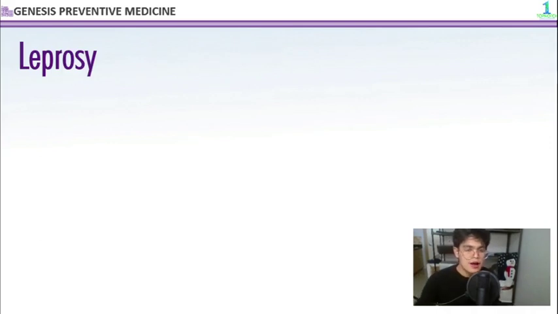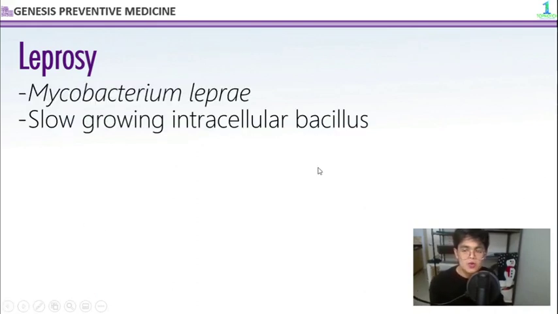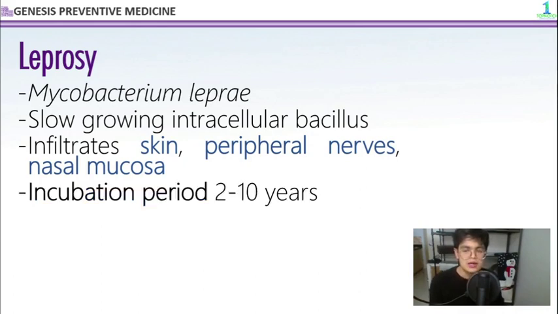So next we have leprosy. Leprosy caused by Mycobacterium leprae. So there, leprosy, slow-growing intracellular bacillus, infiltrates skin, peripheral nerves, and nasal mucosa. These are the main sites of infection of leprosy.